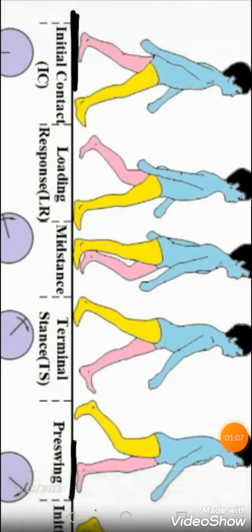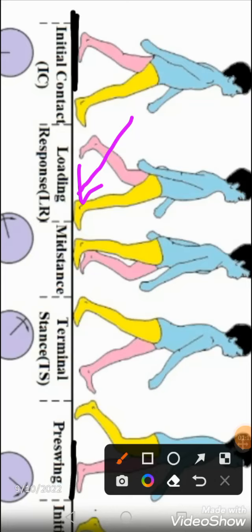Now concentrate on the second phase, in which there is loading response, or you observe the flat foot. Now what is happening? The knee is supposed to be in the extended position, or knee extensors now come into action, like quadriceps femoris.